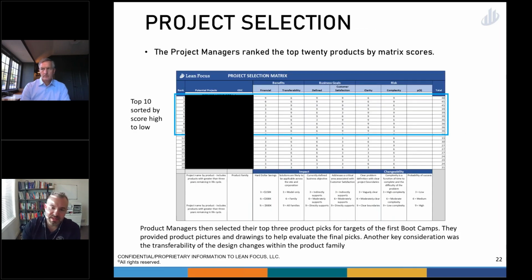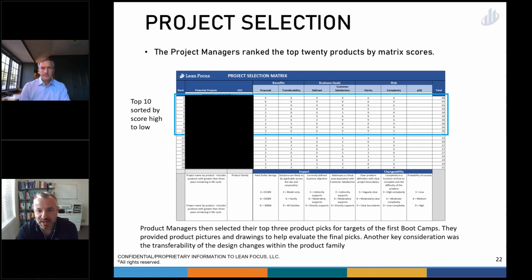Then the final deliverable of the portfolio analysis is this project selection matrix. This team identified 20 individual workshops or Kaizen events as a result of this portfolio analysis.